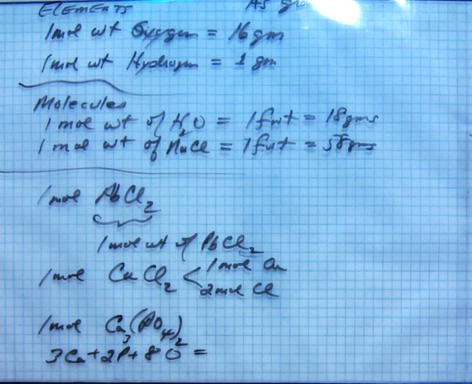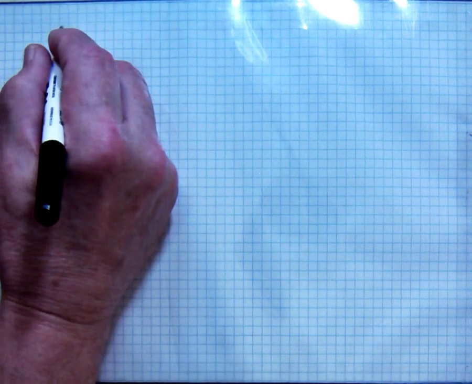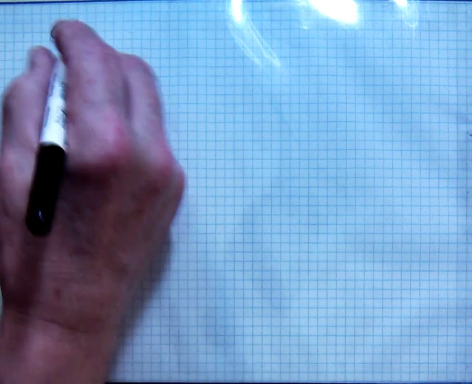And of course that gives you your mole weight if you substitute the atomic weights in there. Some of you are very good at this, but if you're not familiar with it, please learn it reflexively.